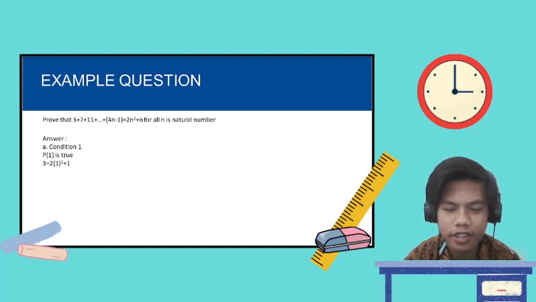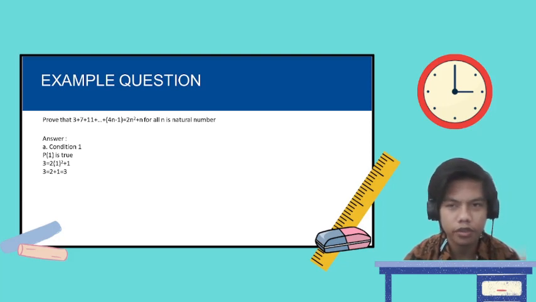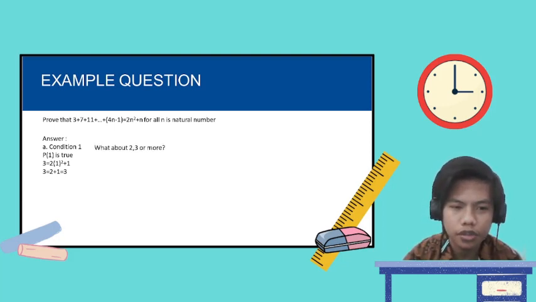We have 3 as the first term, that is equal to 2 times n squared plus n. And we have n equals 1, so we can substitute it, that will be 2 times 1 squared plus 1. And the result is 3 equals 2 plus 1, and that equals 3. So the first condition is true.